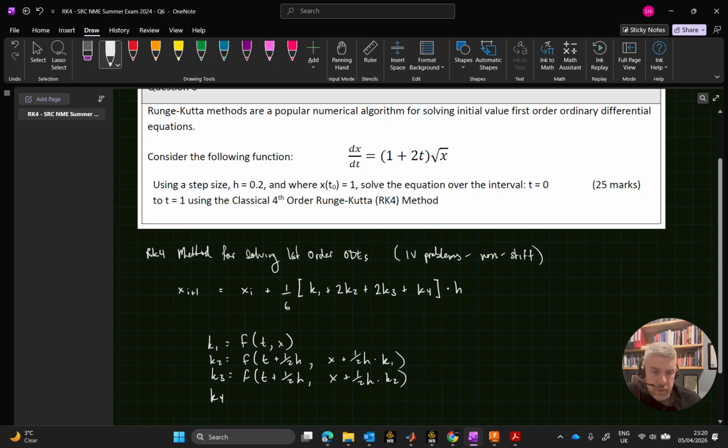It's a whole step. So I'm taking 2 of these because I'm taking half steps, taking 1 of them because I'm not taking a half step. K4 only gets 1, so I obviously don't take a half step. 2 halves make 1, so I only need 1 here and I don't take a half. It's going to be t plus h, x plus h multiplied by K3.